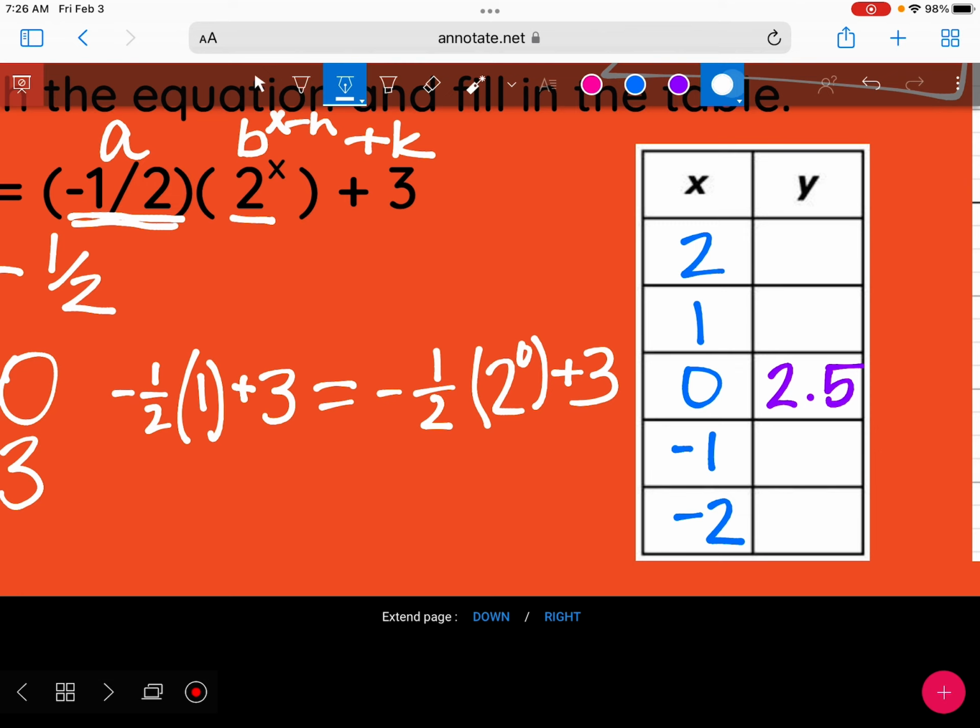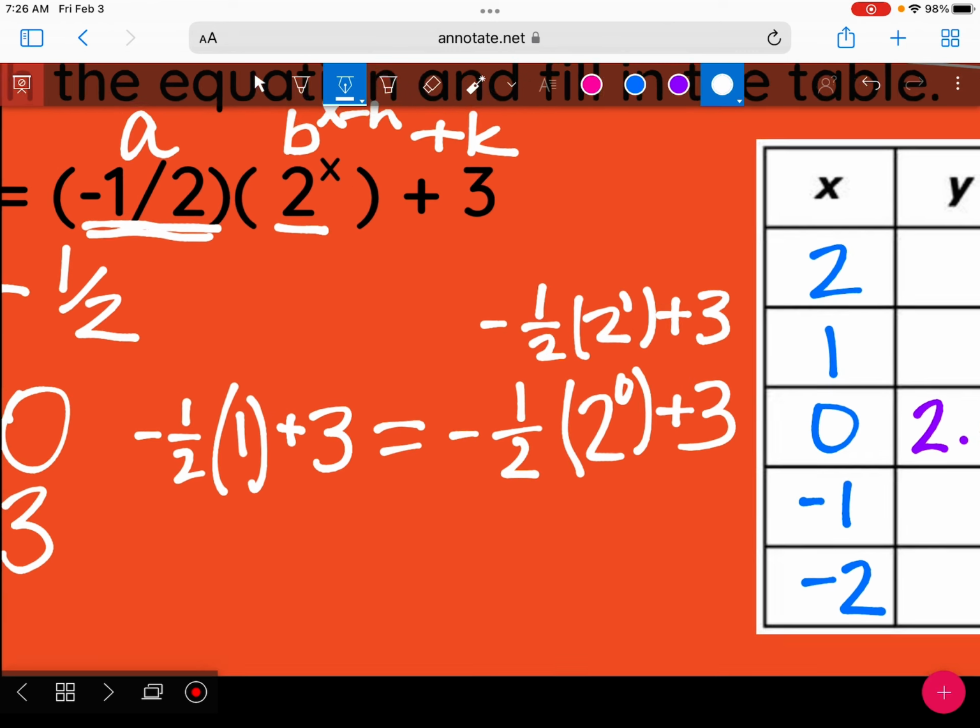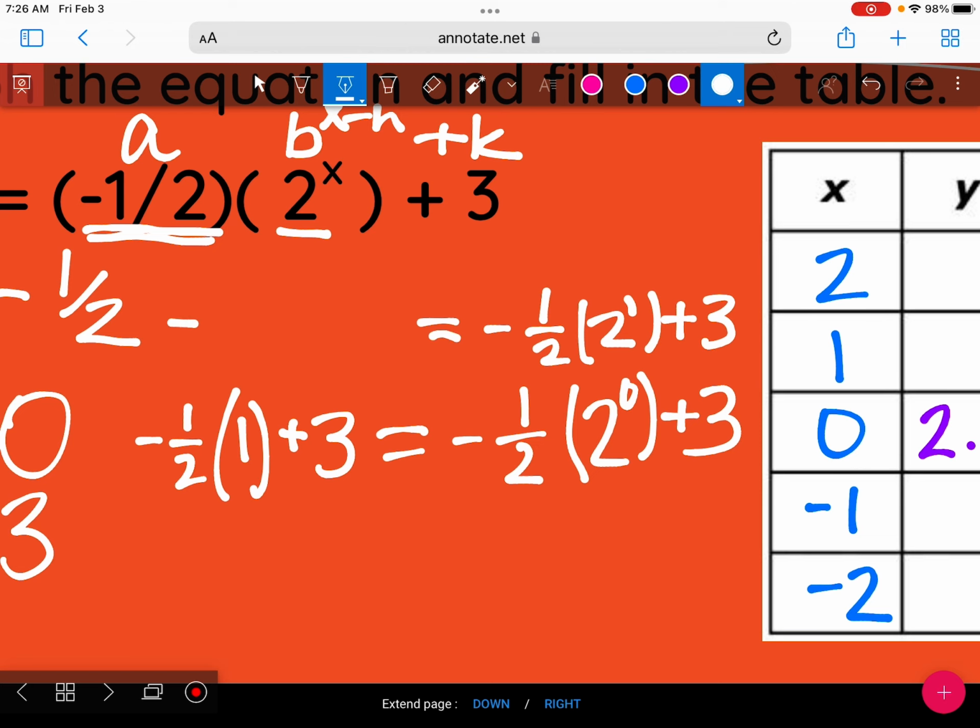All right, and then we plug in 1, we get negative 1/2 times 2 to the first plus 3, which means negative 1/2 times 2 plus 3. What do you get?